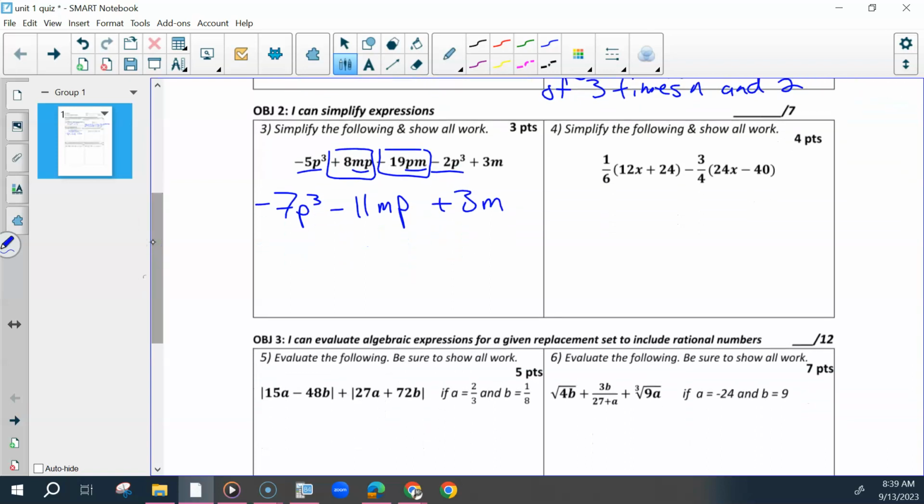For the most part, we got distribute the 1/6 to everything and the negative 3/4 to everything. When you distribute, make sure you're multiplying to everything and double check your signs. Some of you put minus 30 instead of plus 30, which threw off the rest of your answer.